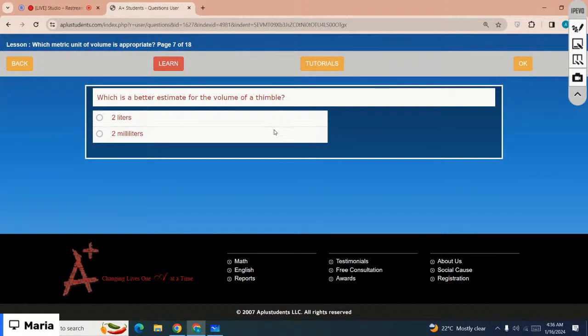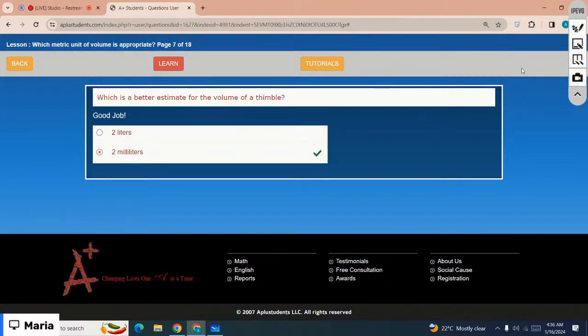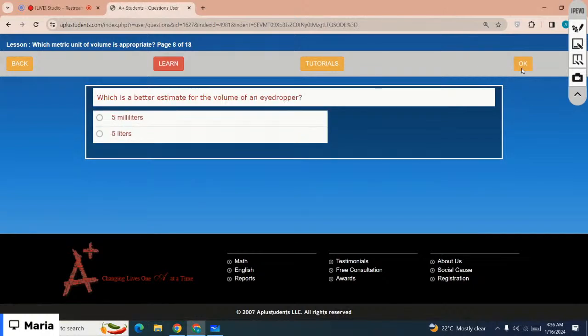That is 2 milliliters. The next one is which is a better estimate for the volume of an eyedropper? Which is the correct option? So that is an eyedropper, right? So it must be 5 milliliters, right?